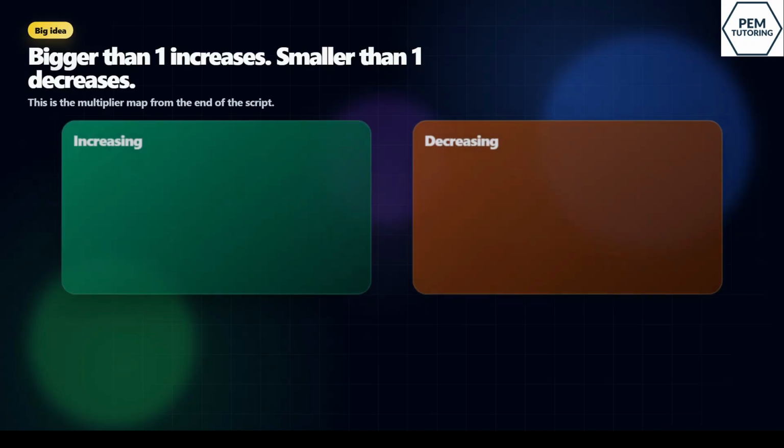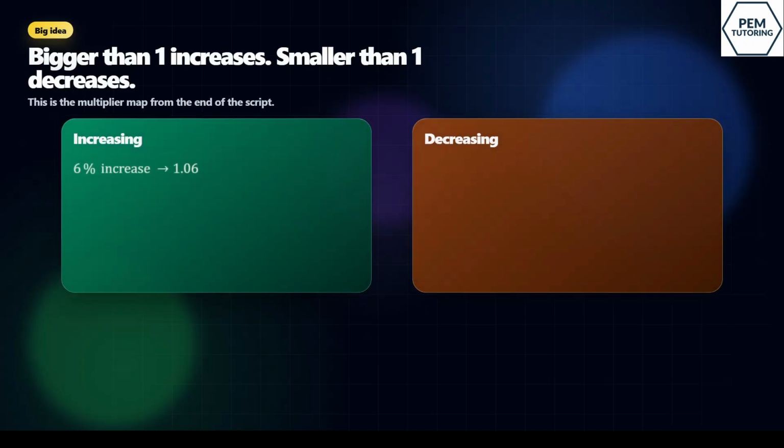So here's the big idea. If the amount is increasing, your multiplier is bigger than 1. A 6% increase is 1.06. A 12% increase is 1.12. A 3% increase is 1.03. If the amount is decreasing, your multiplier is smaller than 1. A 6% decrease is 0.94.